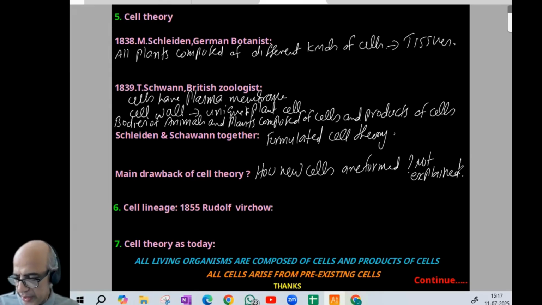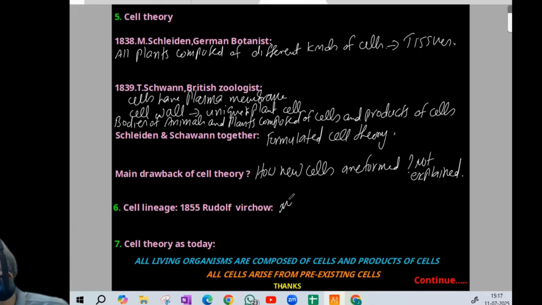To compensate for this drawback, another famous scientist, Rudolf Virchow, in 1855. All years are what is given in NCERT, and only that way will I be proceeding in this series. The detailed one is already there, where all aspects have been discussed. This I told you for quick reference. So, cell lineage, 1855, Rudolf Virchow, explains how new cells form.